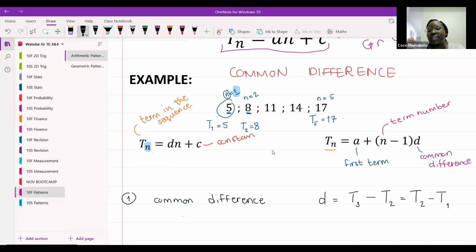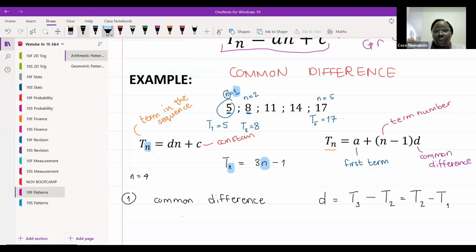So let's say, for instance, I have Tn is equal to 3n minus 1. Now, if I say to you guys that N is equal to 4, what are we going to replace this N with? What are we going to replace this N with? Correct, we're going to replace N with 4. We're also going to replace N with 4 in the actual formula, because everywhere we see an N, we're going to replace N with 4.